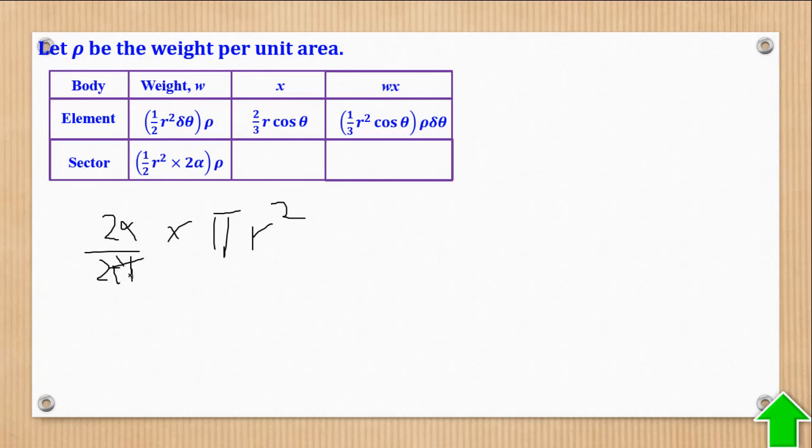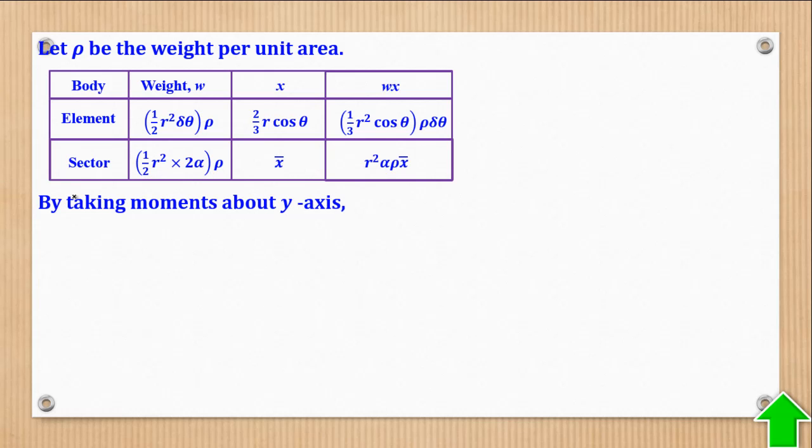So realize that this pi and this pi cancel. Then this one comes here to become a half times 2 alpha, which is here. So that's how it came about. Then the x bar, we don't know it. Multiply the 2, you'll come up with that.